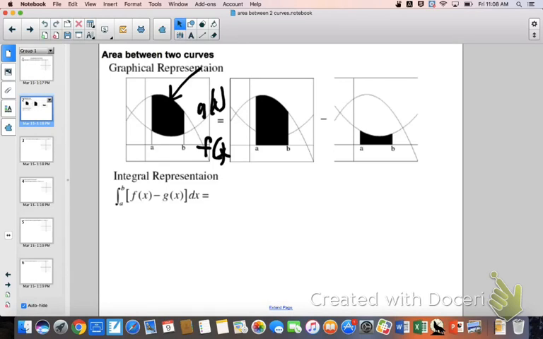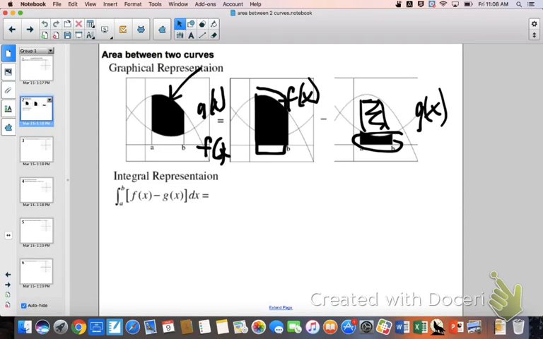What happens is you're going to find the area under f of x, which is this whole area, and then you're going to subtract the area under g of x, this area right here, and that gives you what's left over, the area in between. So it's simply taking the integral of f of x minus g of x, or the top function minus the bottom function.